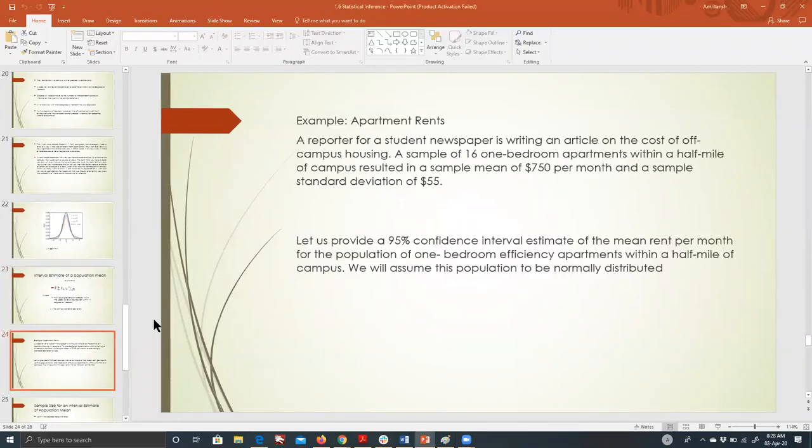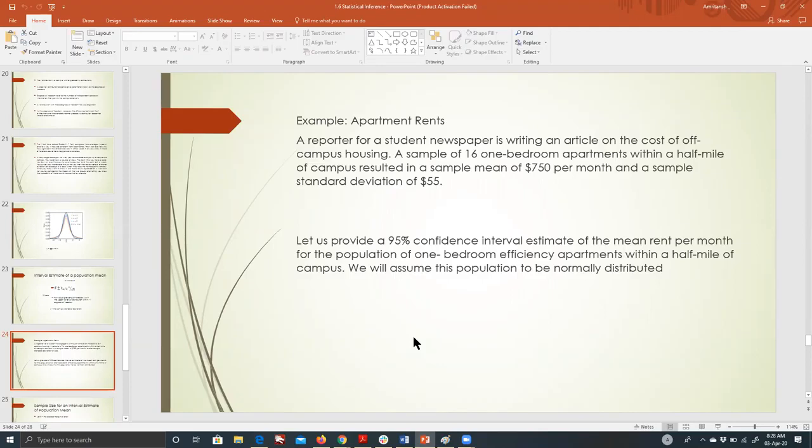Now, note down this question because let's try to solve it. Remember, there is no population standard deviation given.